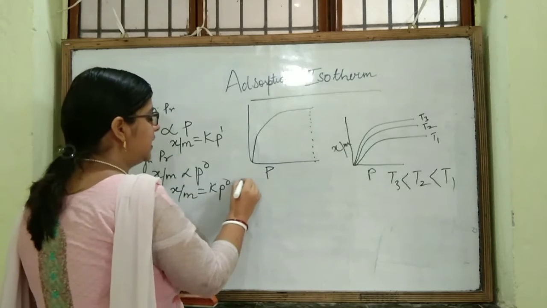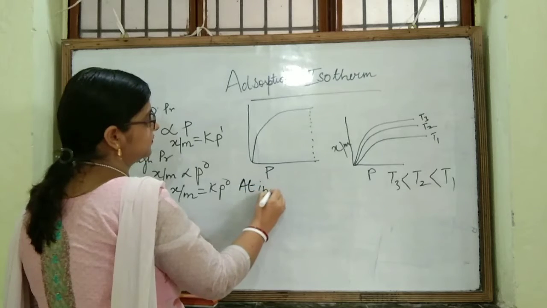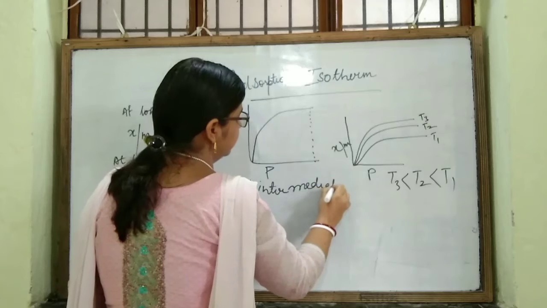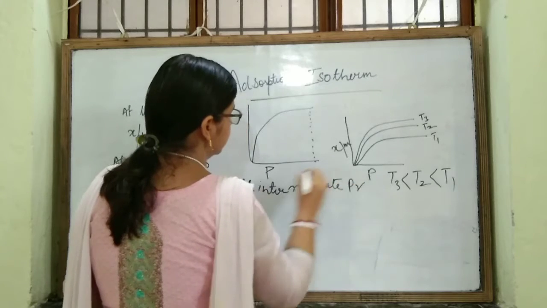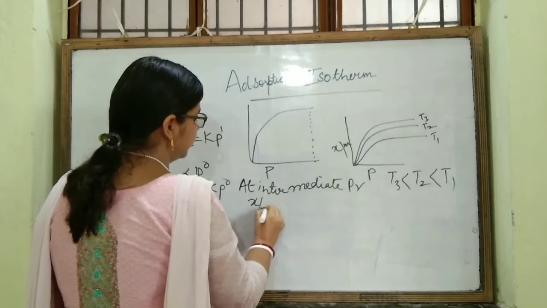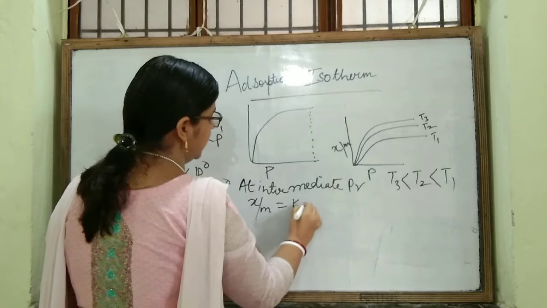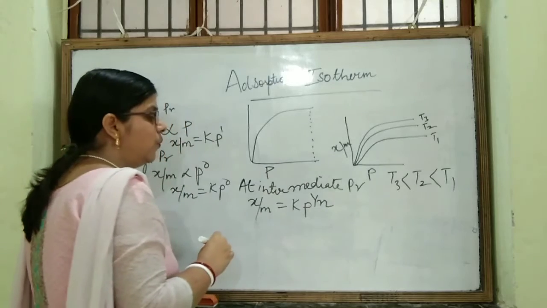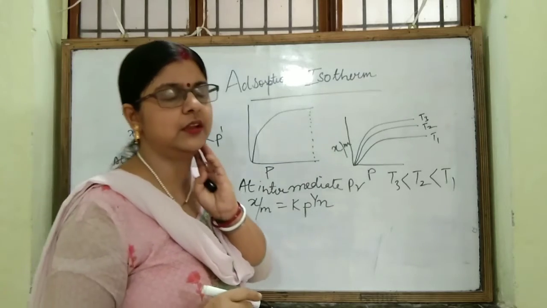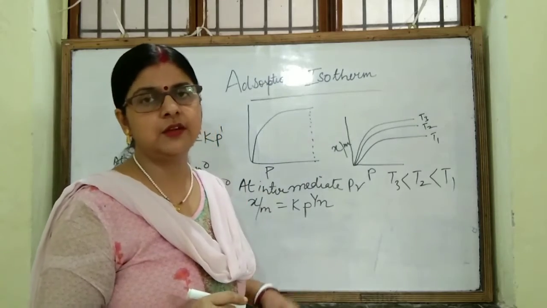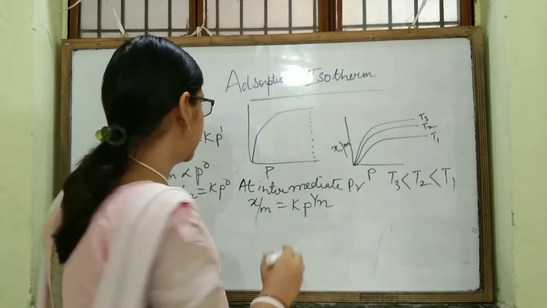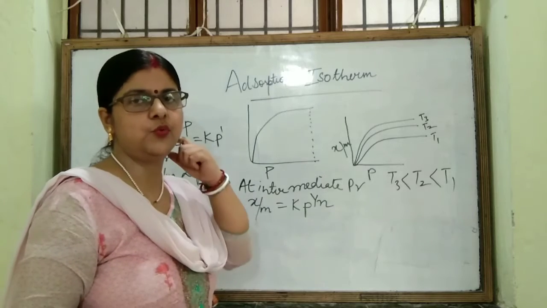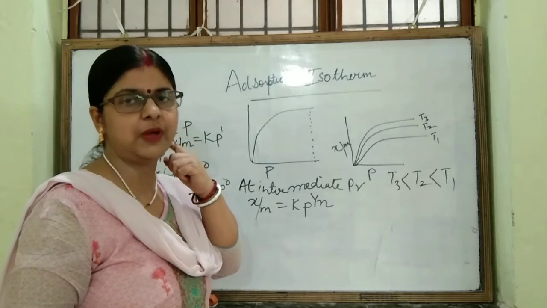So, at intermediate pressure, x by m is equal to K P to the power 1 by n. 1 by n is a fraction which lies between 0 and 1. It may be 1 by 2, 1 by 3, 1 by 4, 1 by 5.